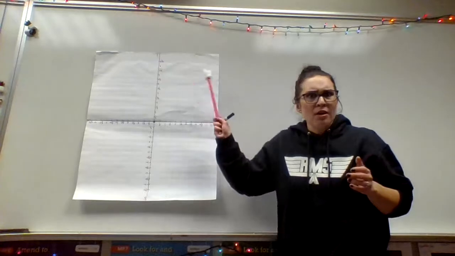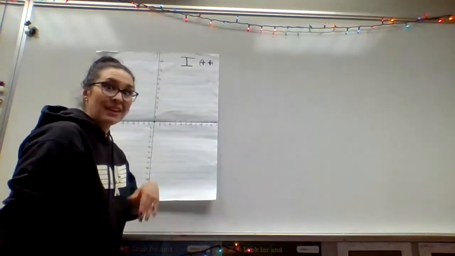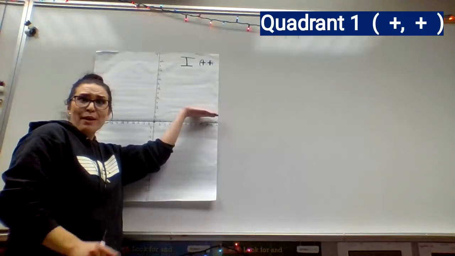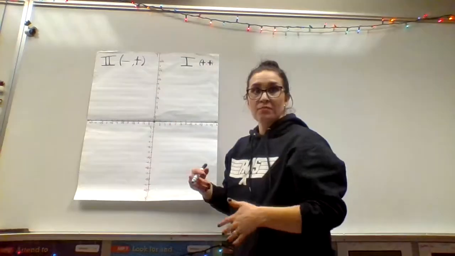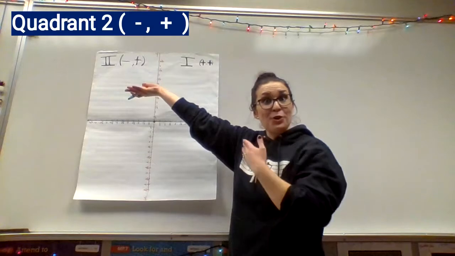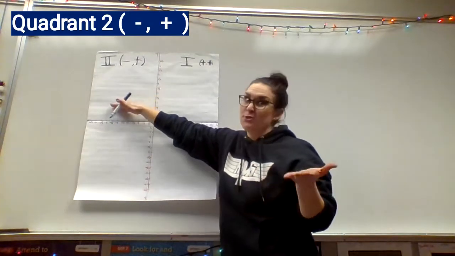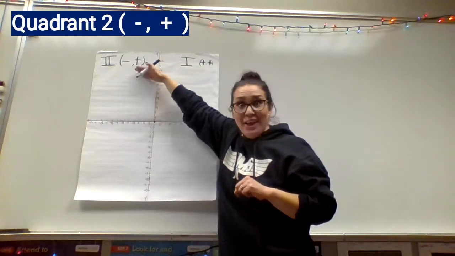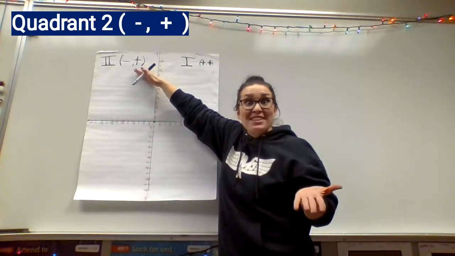Do you remember what's so special about each of these quadrants? All right, first, quadrant one, this is where my positive x and my positive y live. Next, we have quadrant 2, where we have a negative x because we're walking backwards away from 0, but we're still riding that elevator up, my friends, so we'll have a positive y, right?